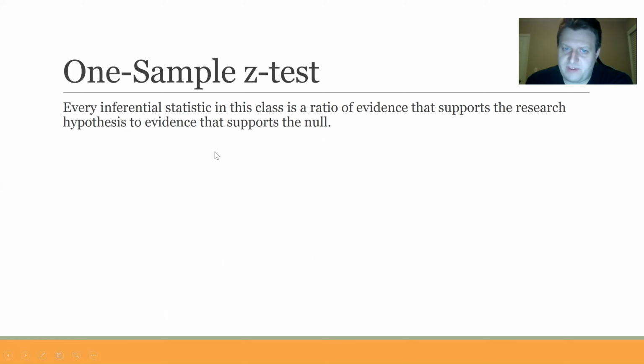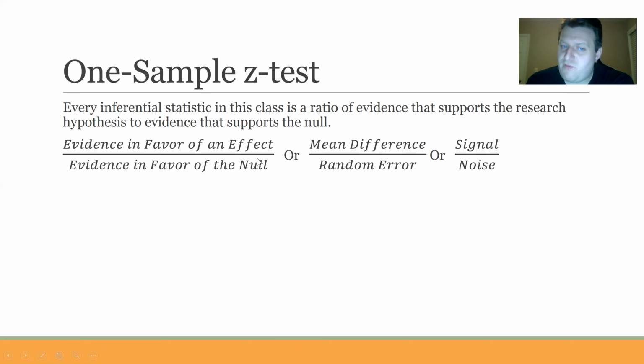Every inferential statistic is going to be a ratio of evidence that supports the alternative hypothesis in the numerator, the top part of the fraction, and evidence in favor of the null, okay, in the denominator, the bottom part of the fraction, okay? So if there is more evidence in favor of an effect, there's a greater mean difference, what we're going to see is that the test statistic is going to be vastly different than 0. Okay, the test statistic is going to be very positive or the test statistic is going to be very negative.